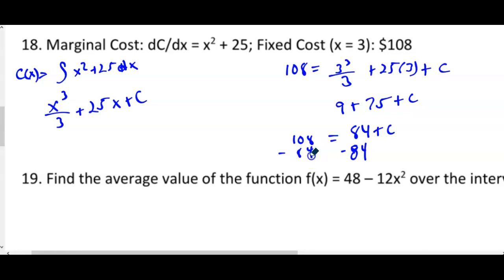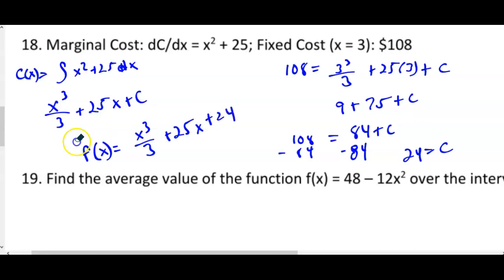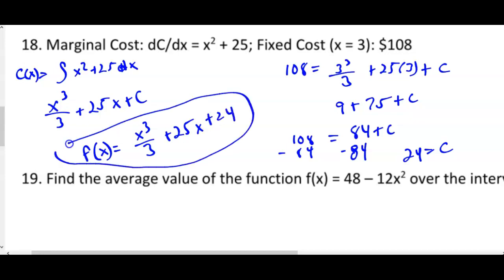And when we do that, that is going to give us 24. 24 is C. So we just plug it in. We plug in our function right here with our C for our particular solution. So you got x cubed over 3 plus 25x plus 24. And that's our function right there.